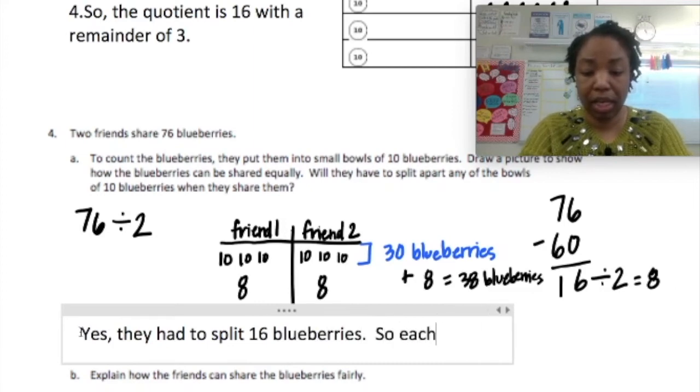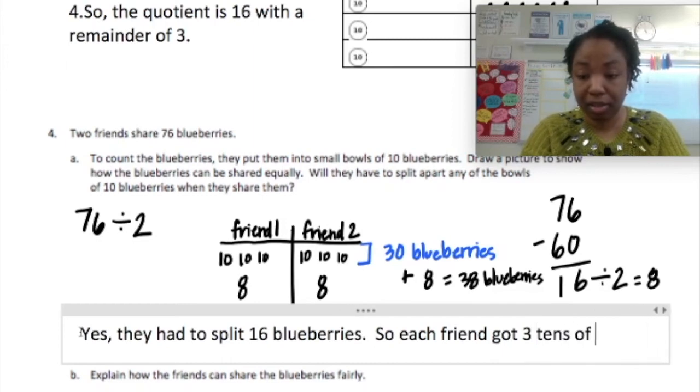So each friend got 3 tens and 8 ones, or 8 blueberries.